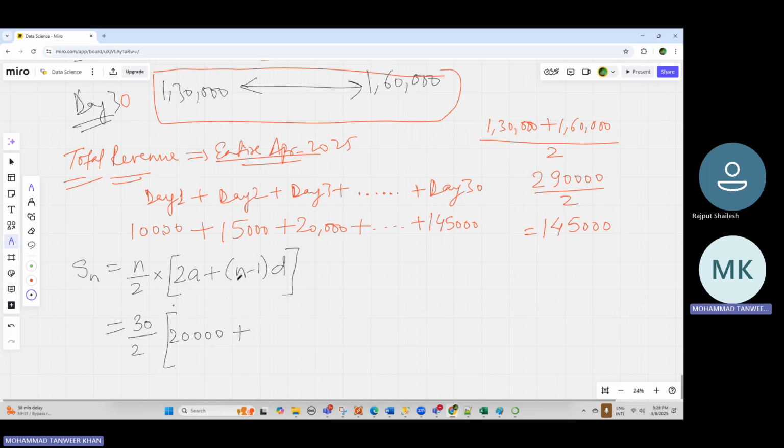Now 20,000, the n minus 1. So 30 minus 1, it will be 29. And then the common difference is how much? 15,000 minus 10,000. It will be 5,000. So 30 by 2 will be 15.